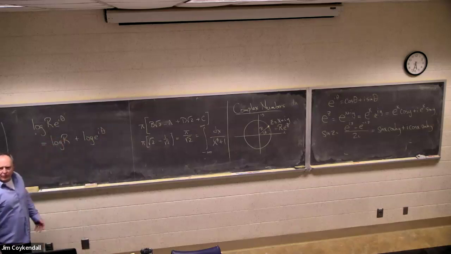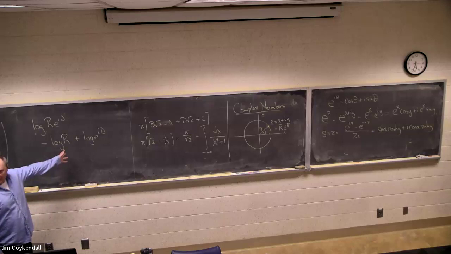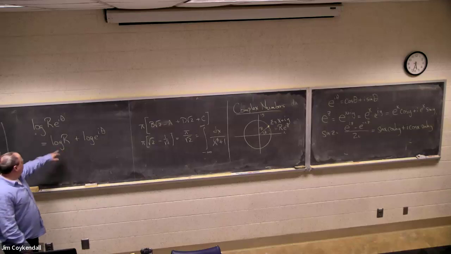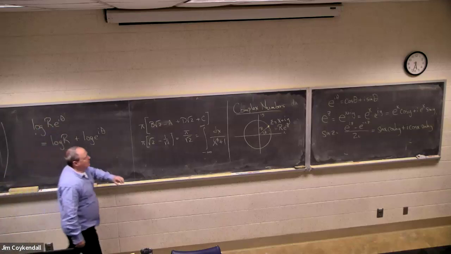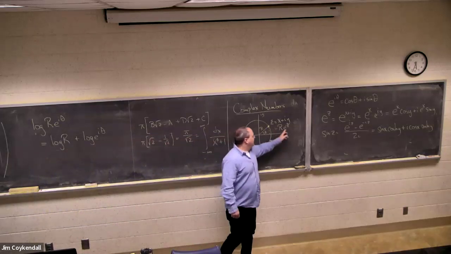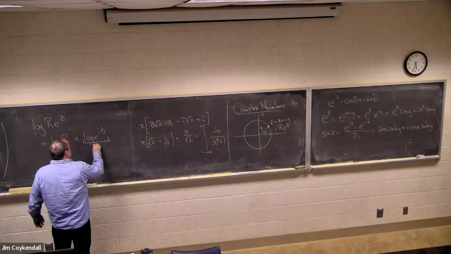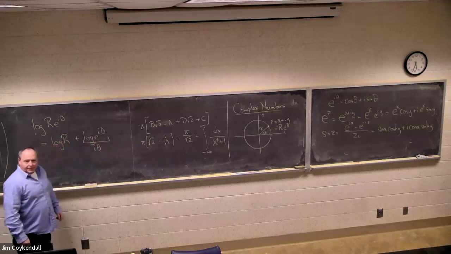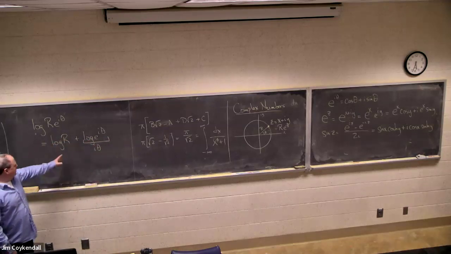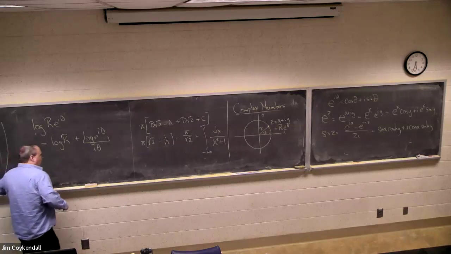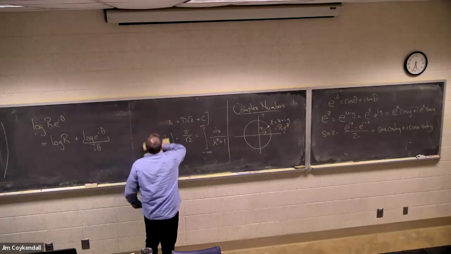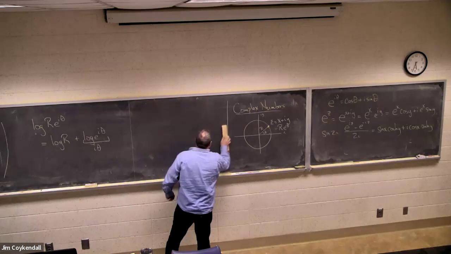Right? That's what you would want to happen. You'd want the log of a product to be the sum of the logarithms. This is, of course, the real thing. If you think of the complex number re^(iθ), and this is just iθ. And of course, naively, I would think this is just iθ. And it turns out that when you take the logarithm of something, it's many valued. You have to pick a value.